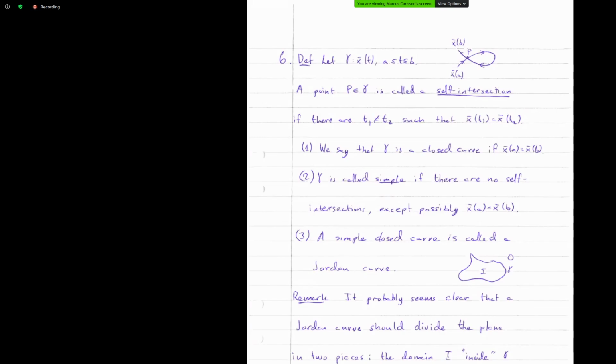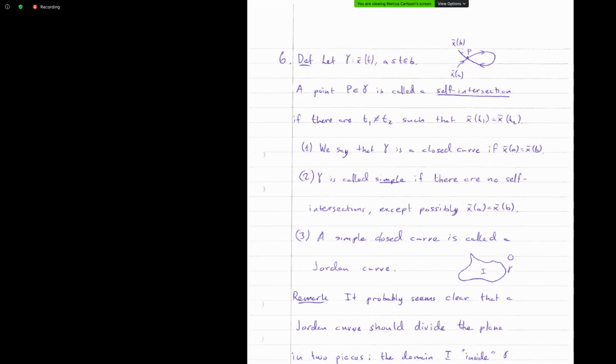And okay, then here comes more terminology. Of course, we can have the problem that a curve can intersect itself, which usually we want to avoid, depending on the situation, whether we want that or not. But usually when we work with boundaries of domains and so on, this never happens. So that will be called a self-intersection.